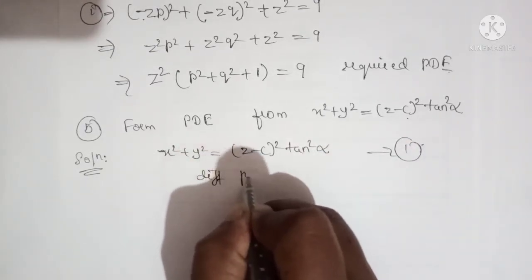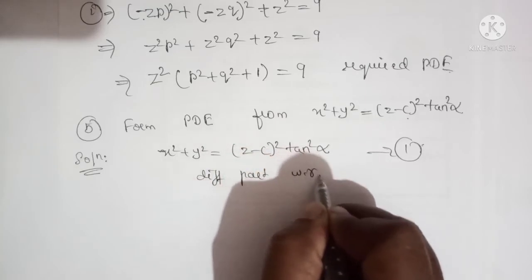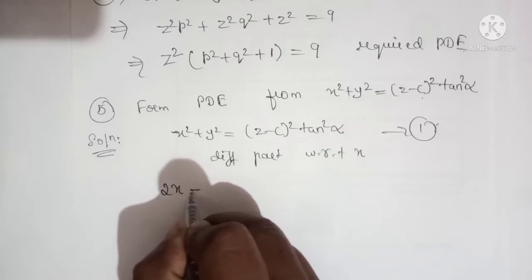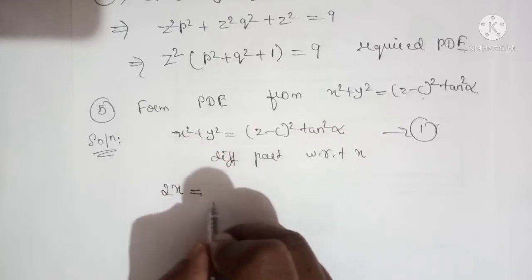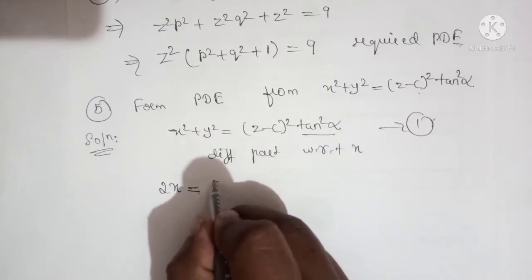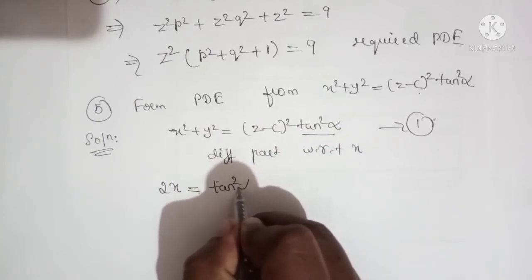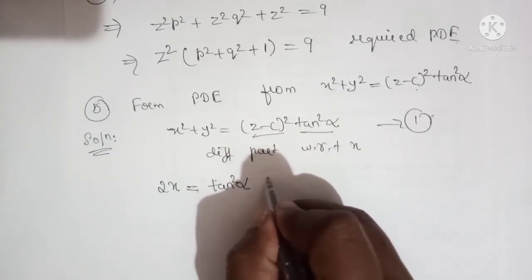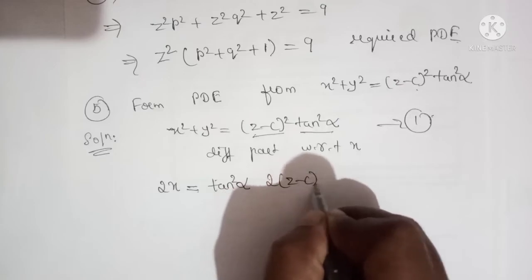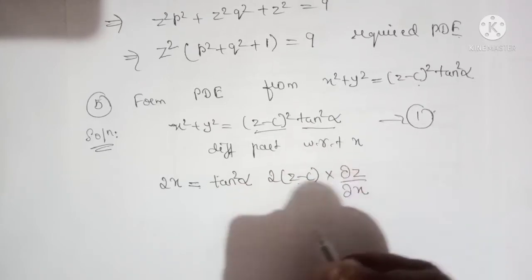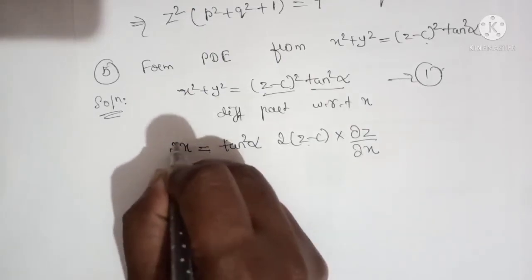Differentiating partially with respect to x, we get x square differentiation 2x, y square differentiation 0, and on the right side, tan square alpha is a constant, so we write tan square alpha. Now (z minus c) whole square differentiation is 2 into (z minus c) into dou z by dou x. The 2 gets cancelled.